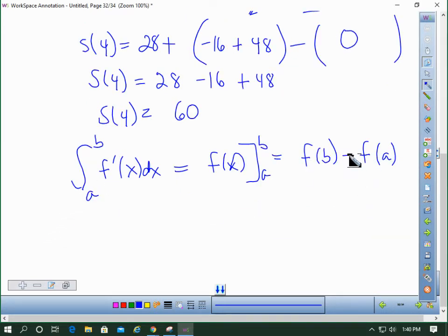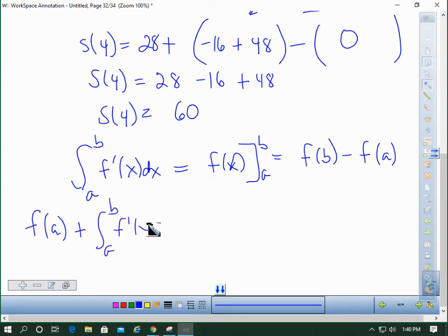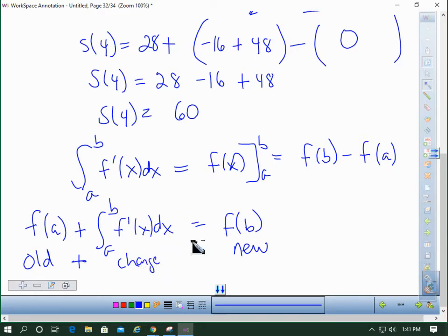So f of a plus the integral equals f of b. So what is that saying? This is my new position equals my old position plus the change that's happened. So that's really just rewriting the fundamental theorem in a different way. That's all it is.